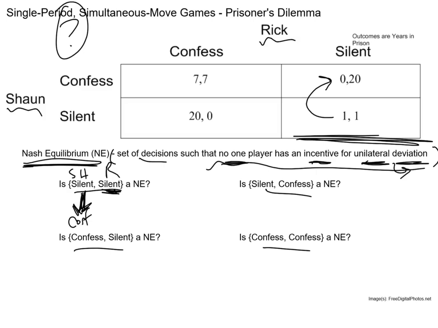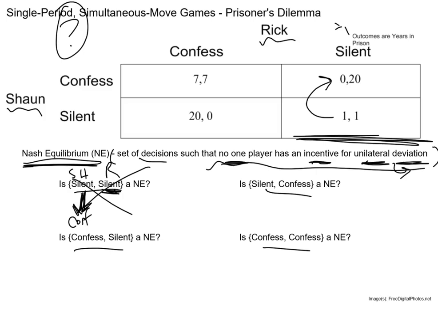Yeah. If we assume that Sean cares about minimizing his years in prison, which is a realistic assumption, then he would be better off by changing his strategy from silent to confess. Sean would want to change his decision. If anybody wants to change their decision, cross it off the list. It's not a Nash equilibrium.